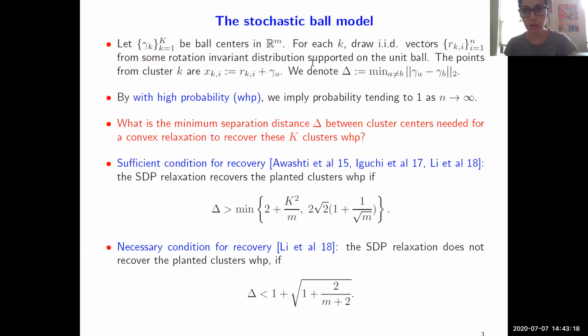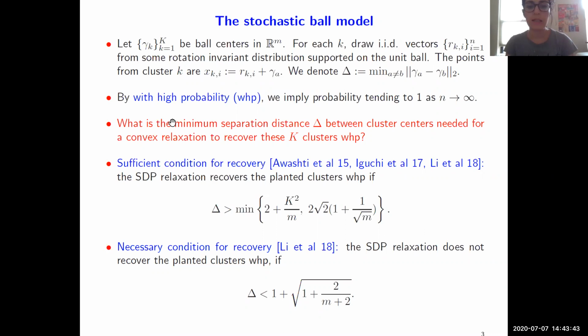So now we talk about the best guarantees for this problem. For K-means clustering, the SDP that I just showed you has been studied by multiple groups under the stochastic ball model. Here is where I listed the sufficient conditions for recovery. I have 2 of such guarantees.